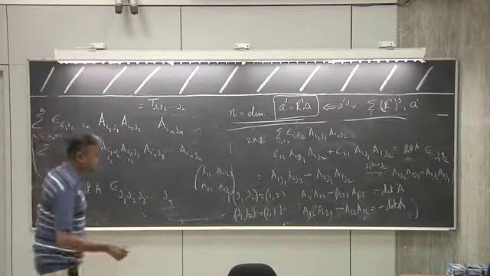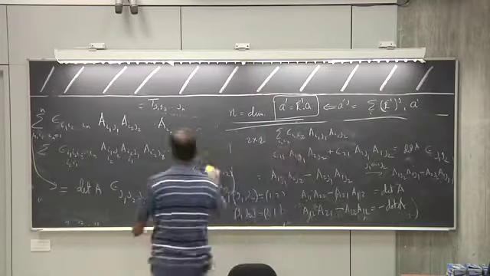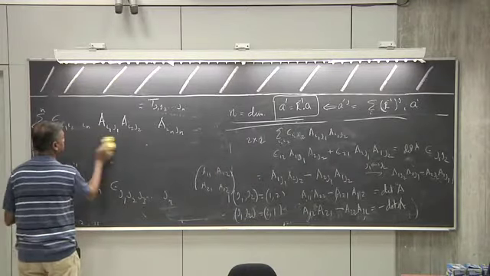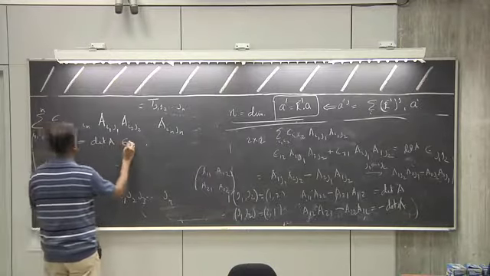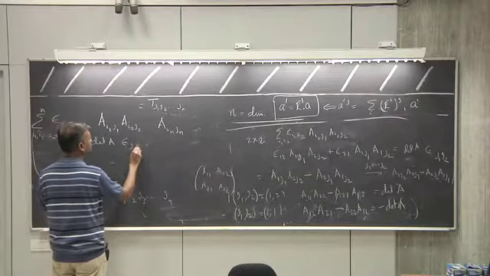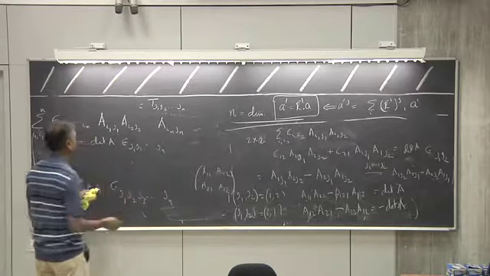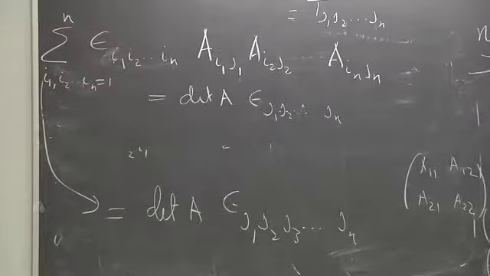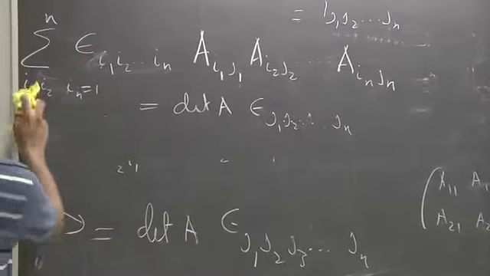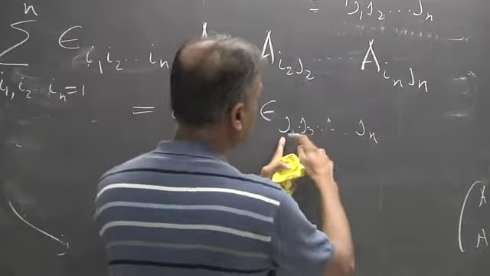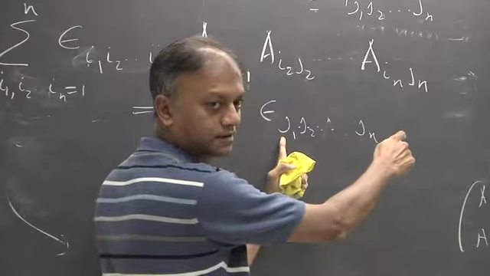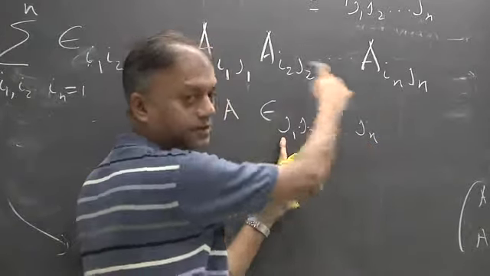So let me just write this explicitly here. We are saying, this is a definition, determinant of A times epsilon J1, J2, up to Jn. In particular, just take J1, J2 in the sequence 1, 2, 3 up to n, right? Then this is just simply 1.